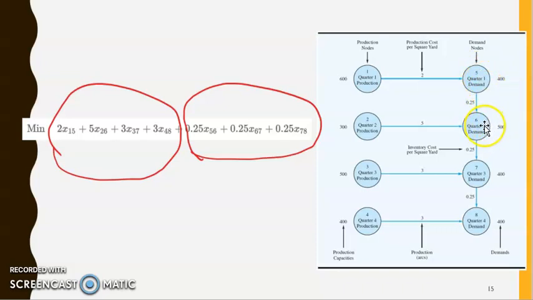The number of units that you send from quarter 2 to quarter 3, x67, and the number of units you send from quarter 3 to quarter 4, x78. All you have here, and now we are good with the objective function.